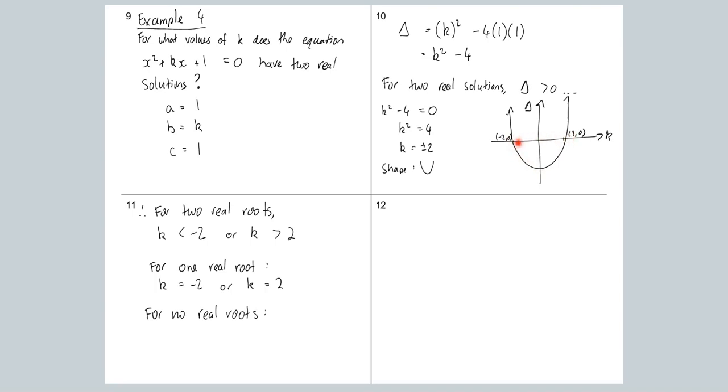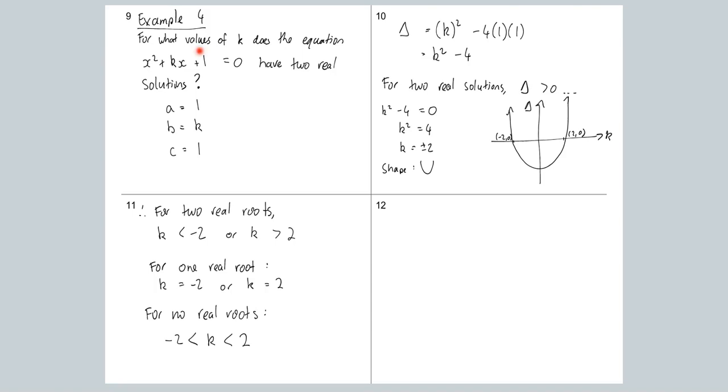Everything between here and here will give us negative delta values. Okay, so k has to be between these two values. So for no real roots, this is how we write it. k is bigger than -2, but not equal to it, and less than 2. So k is between -2 and 2.